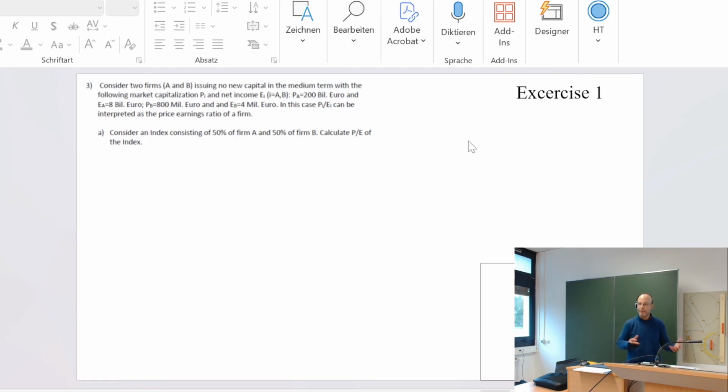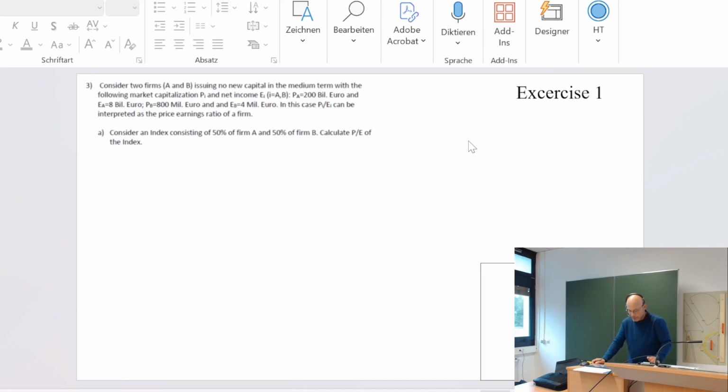So then we say that we want to create something, an index for maybe some portfolio investment or something like this. And for this, I don't know if you have talked about this in other lectures. We quite often calculate the so-called price earnings ratio, P over E, in our case just the market capitalization divided by the net income.